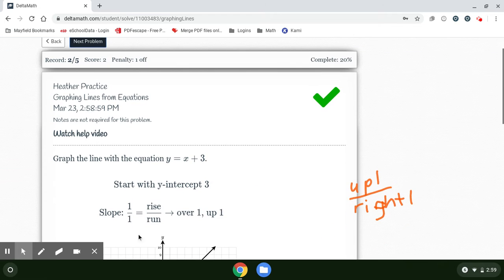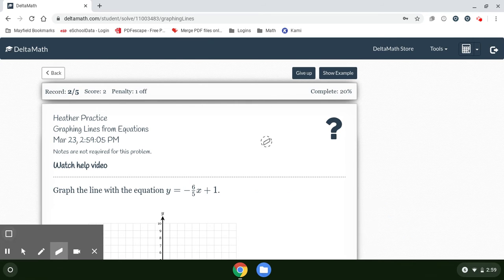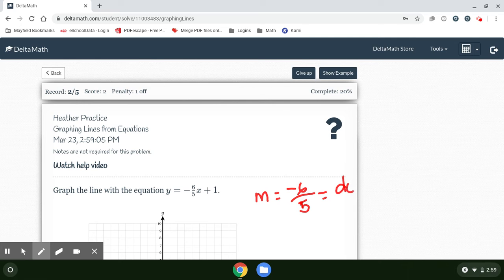Okay, so I was able to do that also with y equals mx plus b. We'll do one more. So same thing, I'm going to use my y equals mx plus b. In this case, my slope is negative 6/5. So that's down 6, right 5.